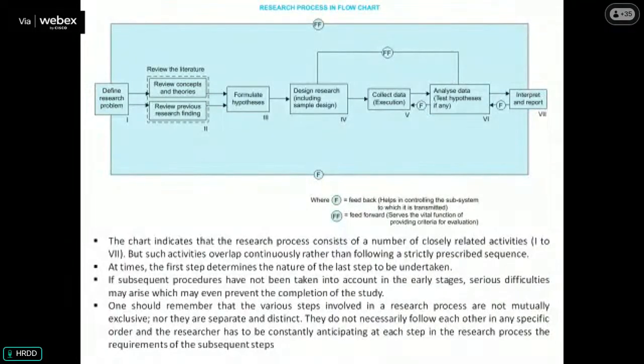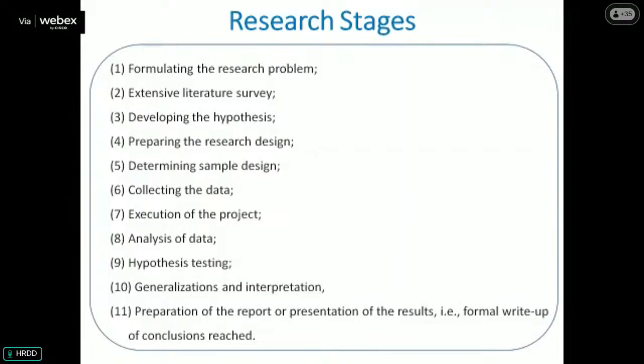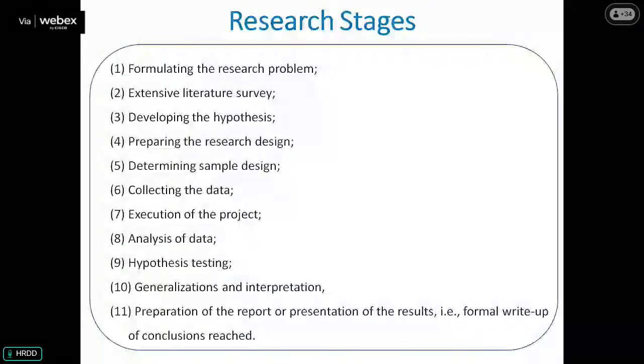Okay, so this is what the research process is, and then we come to the last part of this introduction class. That is research stages. Each of these stages, 1, 2, 3, 4, 5, 6 to 11 stages, will take about 1 or 2 classes for each, or 2 stages in 1 class, like that.